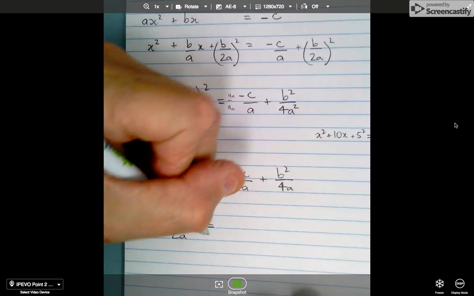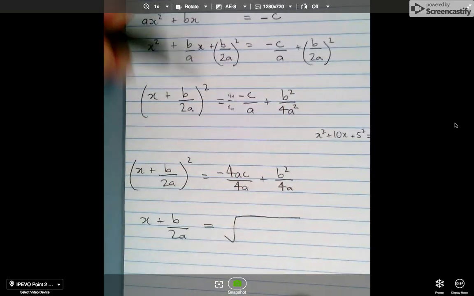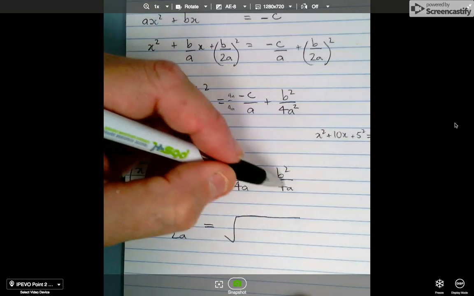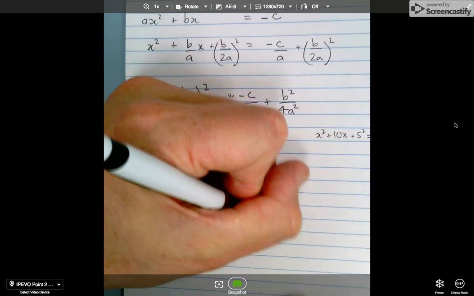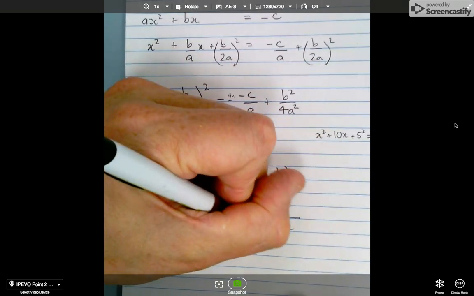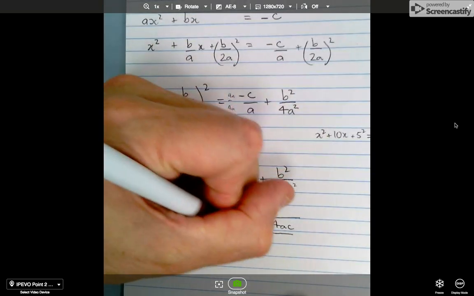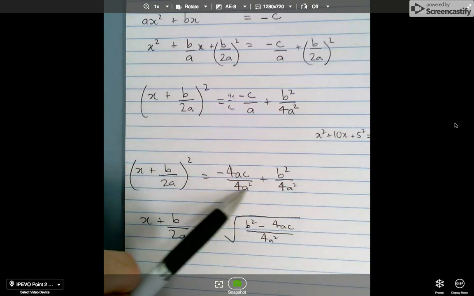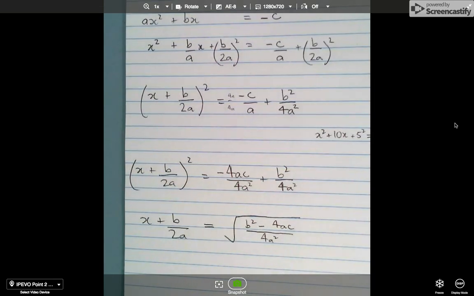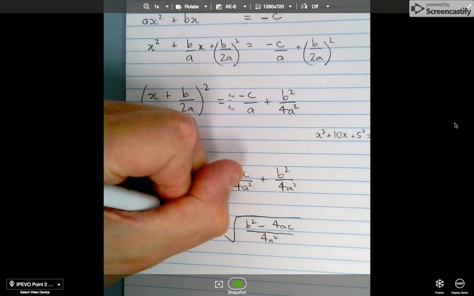And on this side, we take the square root of b squared minus 4ac all over 4a squared, because 4a times a gives us 4a squared, and we had a 4a squared. And that's pretty much the formula. Remember, this is going to be plus or minus.